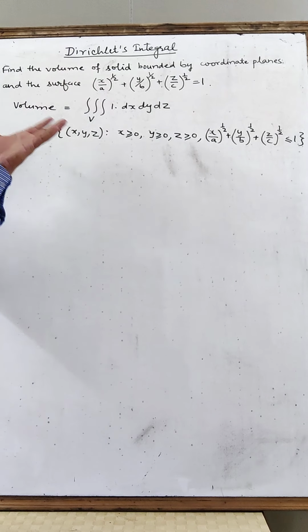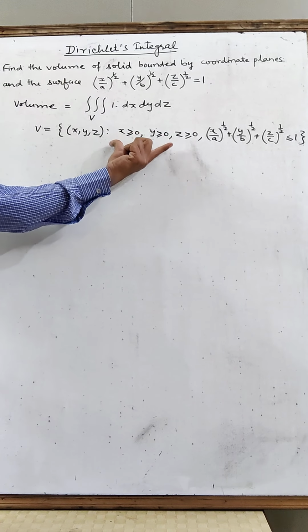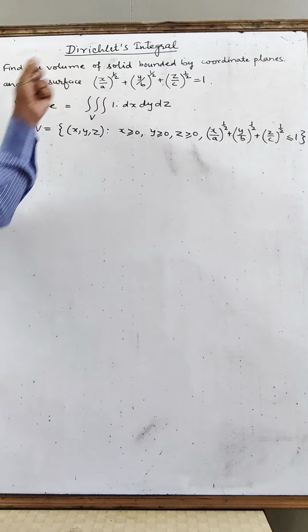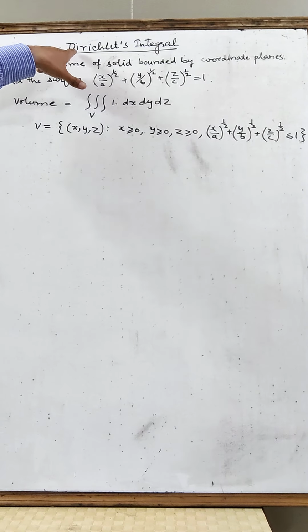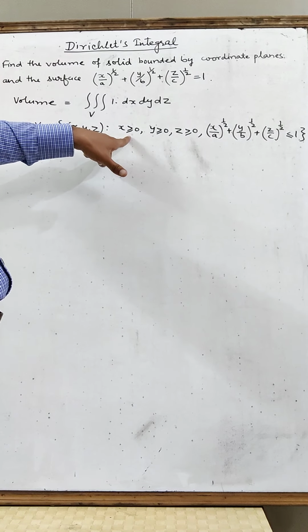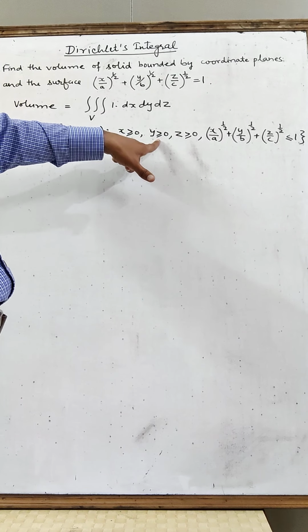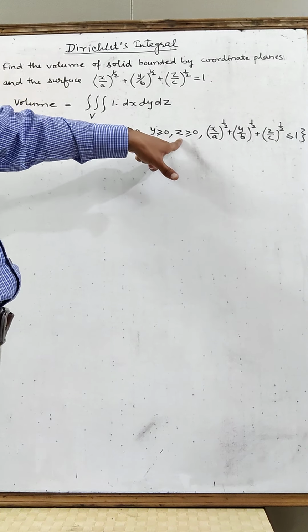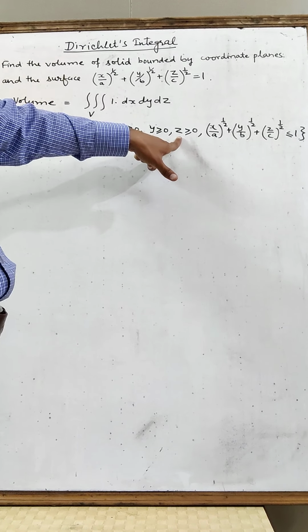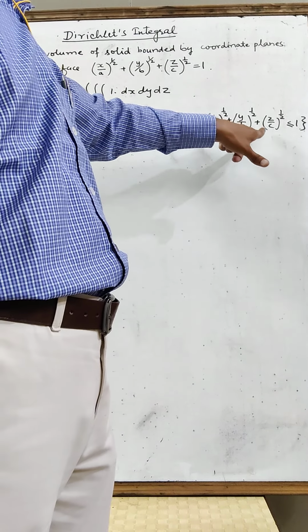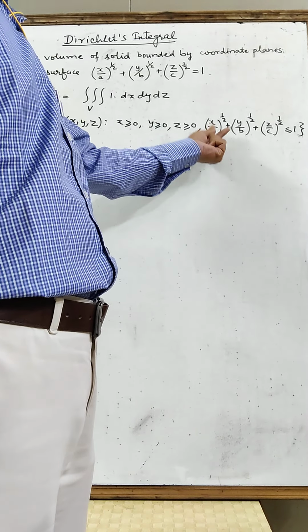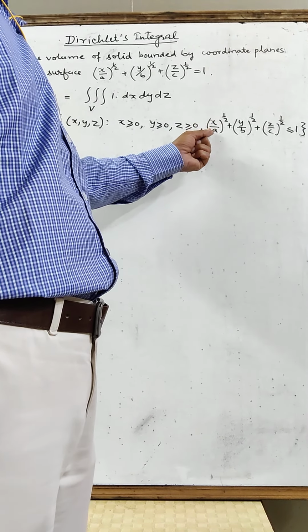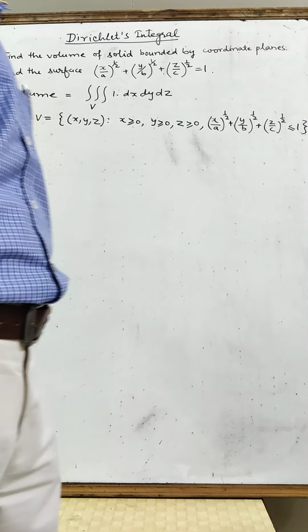Now if we compare this volume with the standard form of the Dirichlet integral, the standard form was x ≥ 0, y ≥ 0, z ≥ 0, and x + y + z ≤ 1. It means there must be no power and no constant multiplied to it.